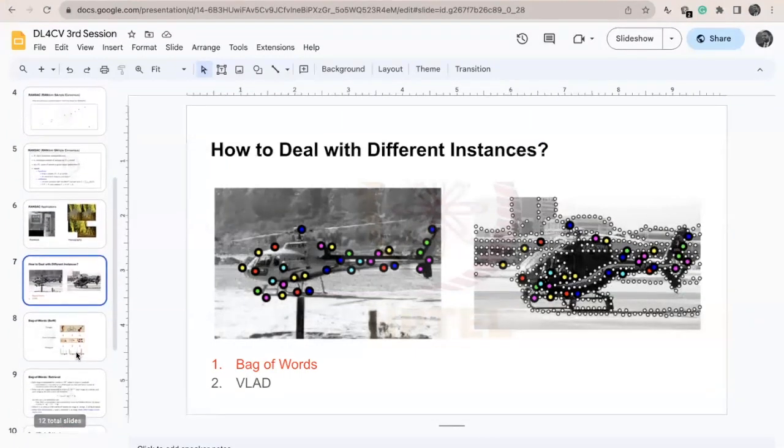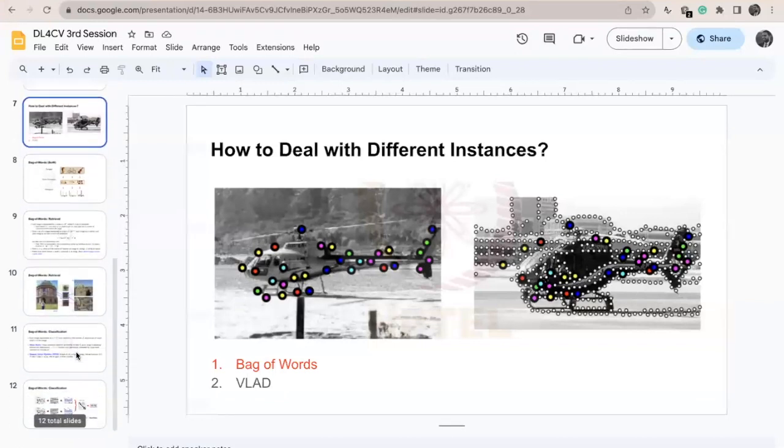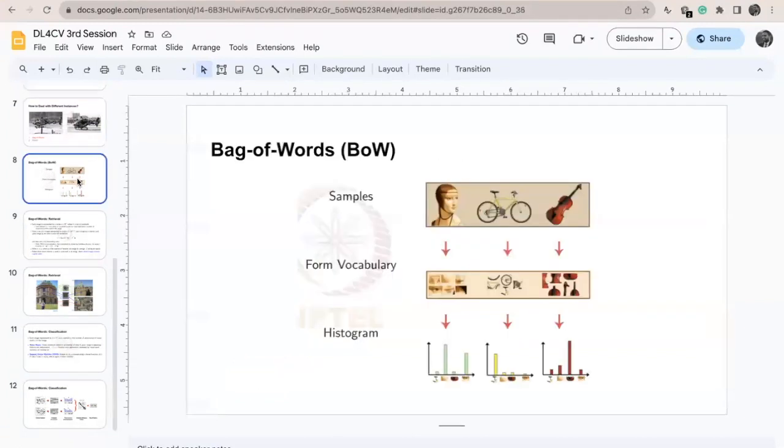We'll discuss the bag of words model now, and we'll see how the bag of words model helped us identify two different instances of the same object as the same thing.